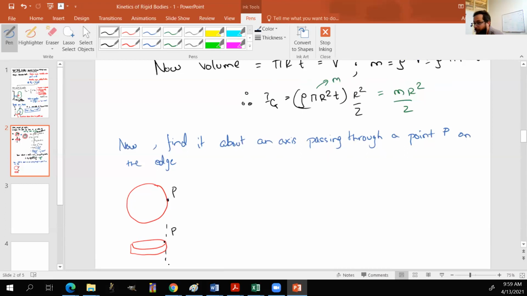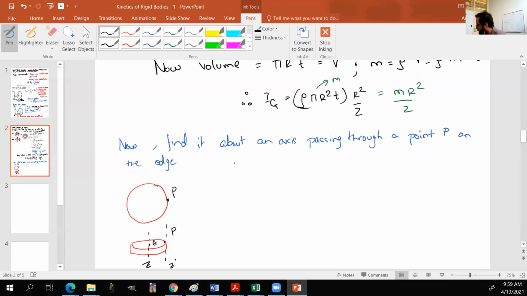So let's say this one is Z prime, and you know what it is when it passes through the center about the Z axis, right? How do we do this? That's a question to you guys. Parallel axis.